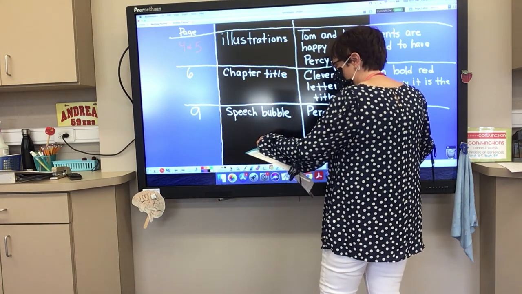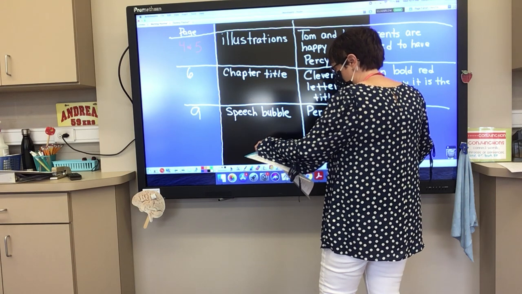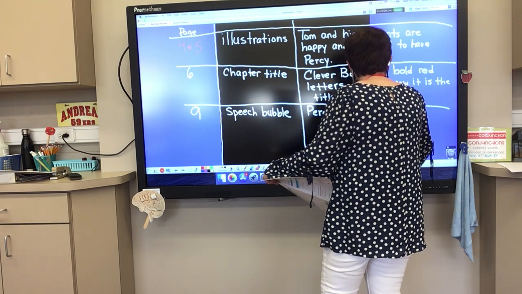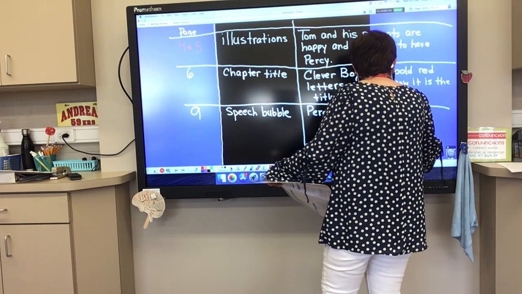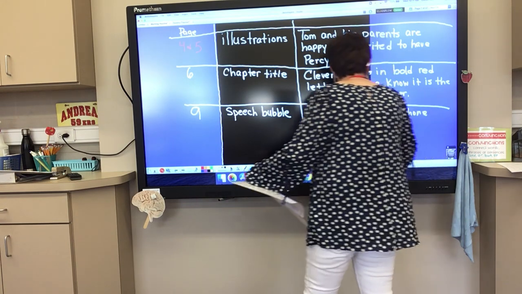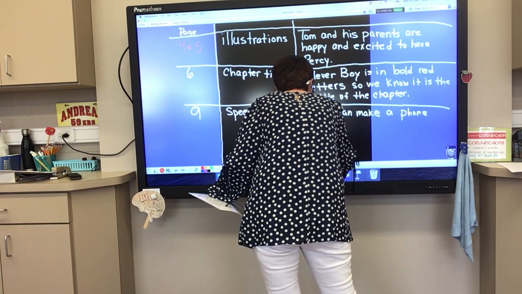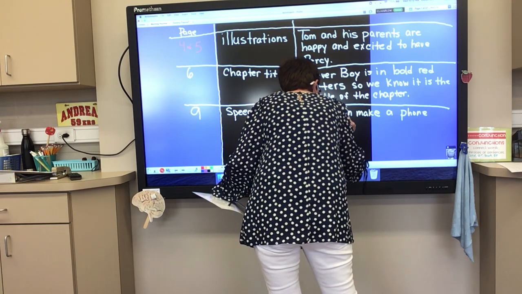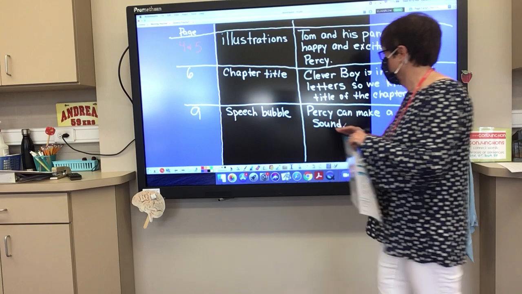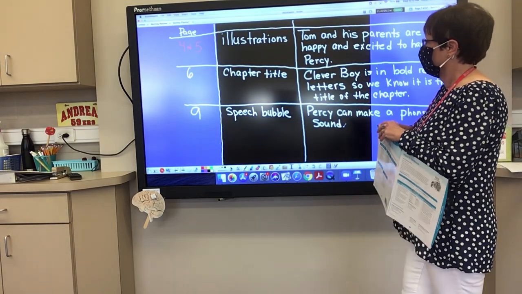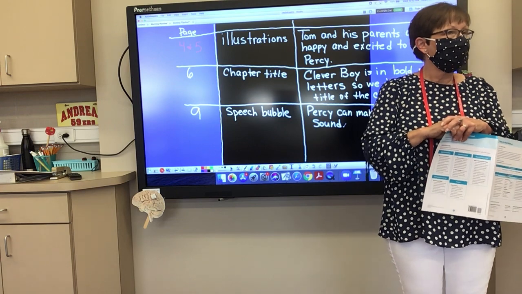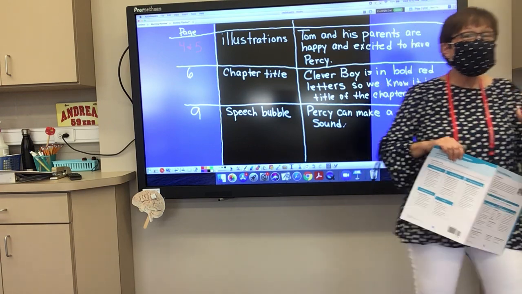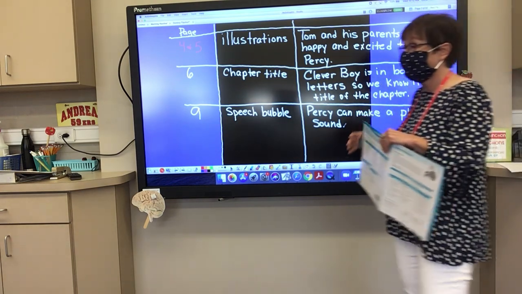Was that the doorbell? Or it was on the phone. Can make a phone sound. So that is what that text feature is telling us.